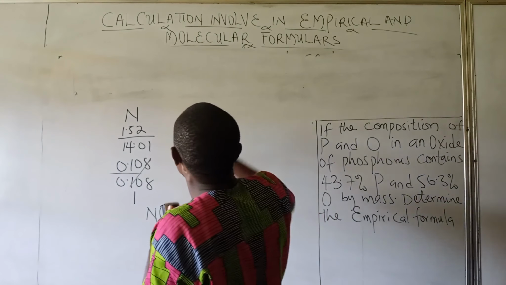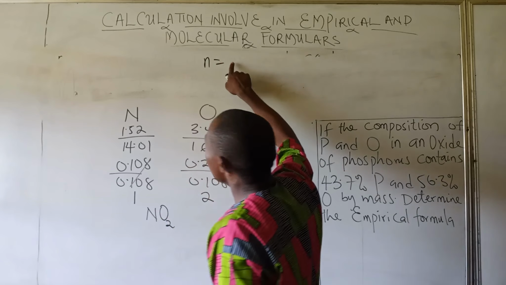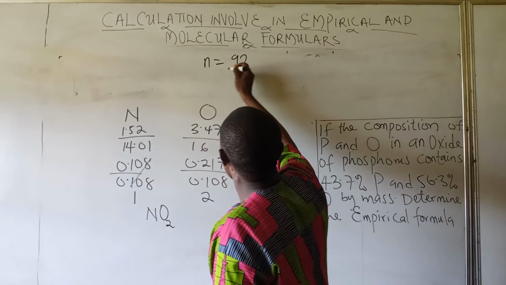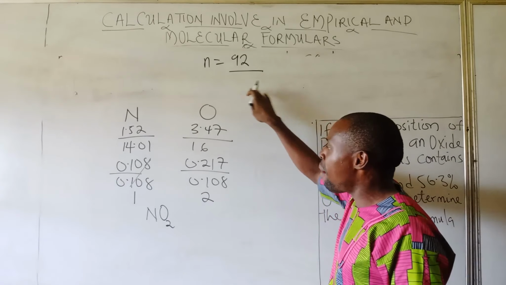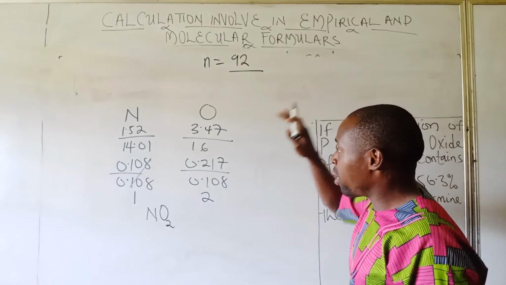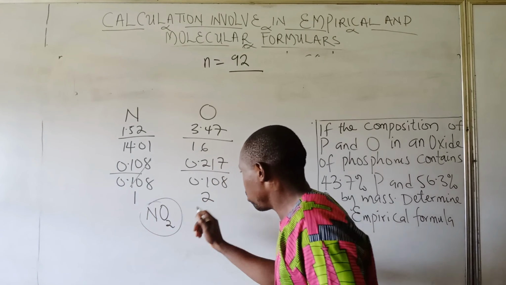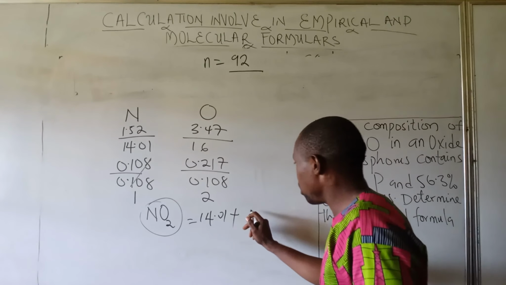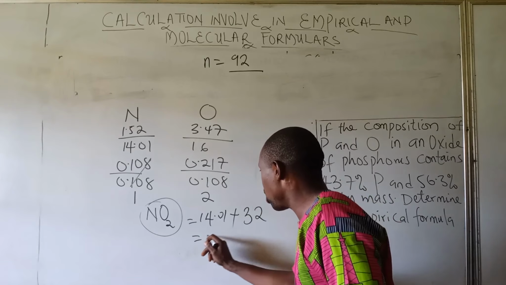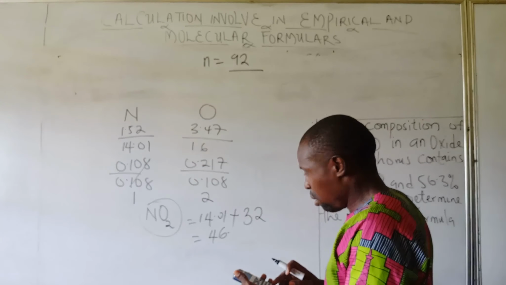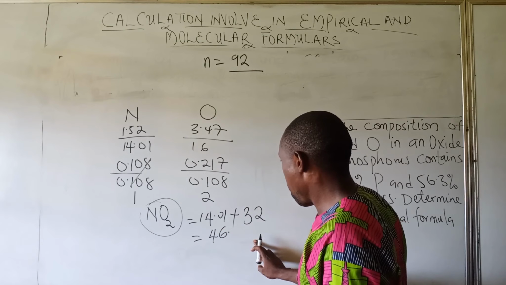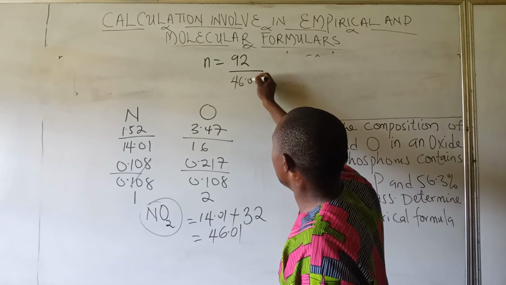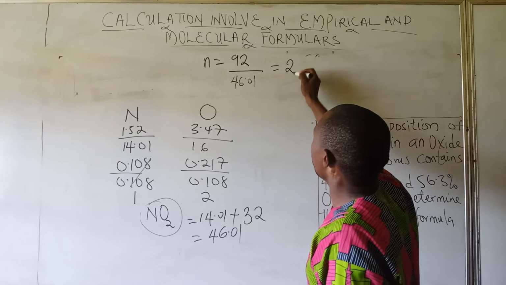The ratio is simply n, and n is equal to the molar mass that was given to us in the question, which is 92, over the empirical molar mass. To get it, this is NO2. So nitrogen is 14.01 plus oxygen, which is 32. So altogether it gives me 46.01. When you divide, it should give me 2.